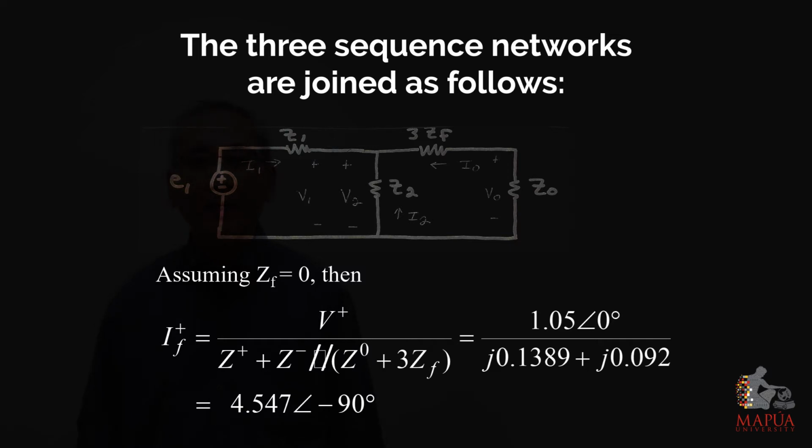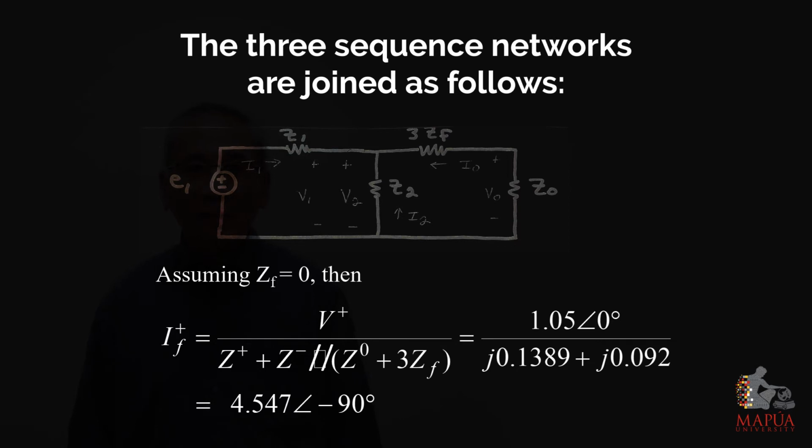So assuming that ZF in this system is equal to 0, we can now compute the positive sequence current flowing to the positive sequence network. That gives us 4.547 angle of -90 degrees.